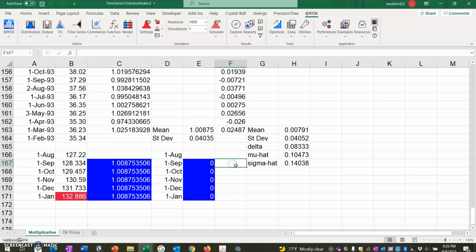Now we need to enter the geometric Brownian motion formula. We'll start with the same August stock price.